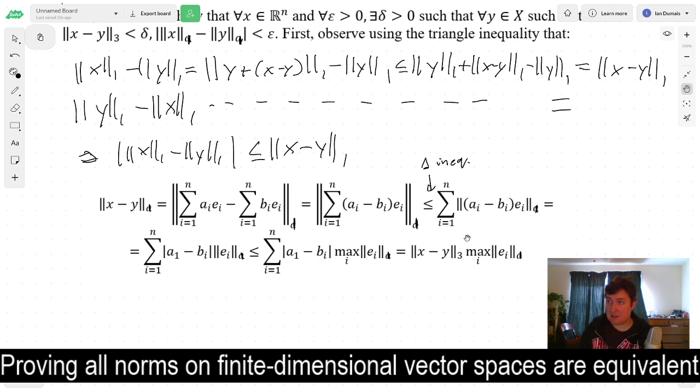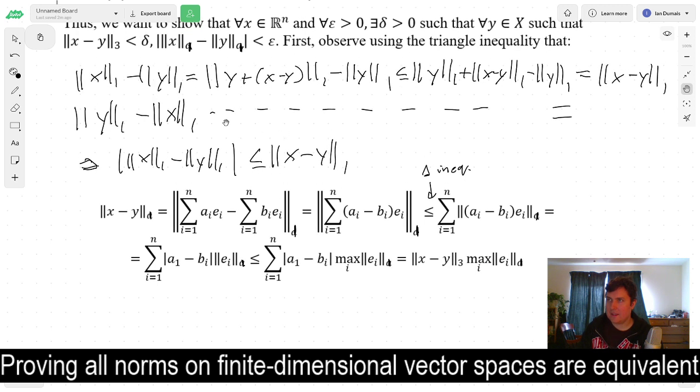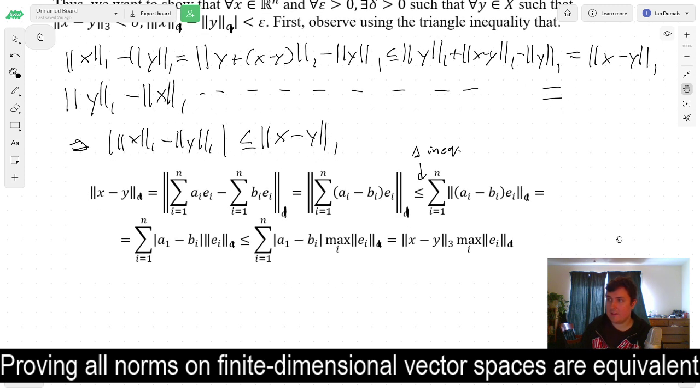And so by the definition of norm 3 that we defined way up top, we just get this, and we pulled out this max, so we get that in the end, the absolute value of norm 1 of x minus norm 1 of y is less than this puppy.